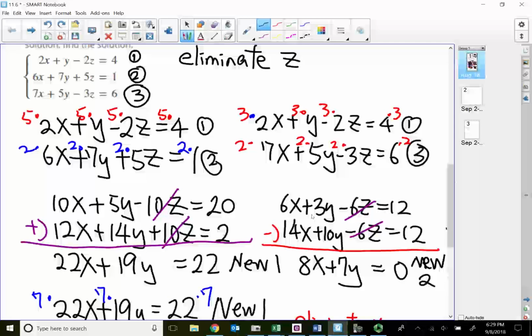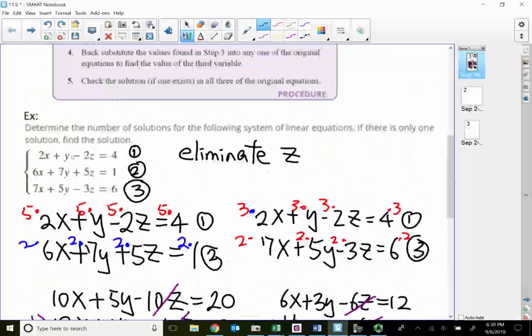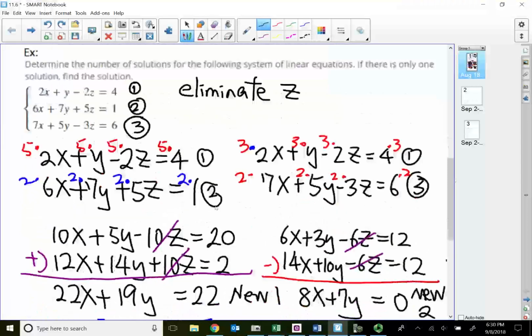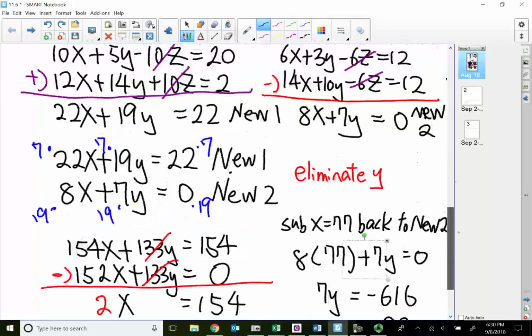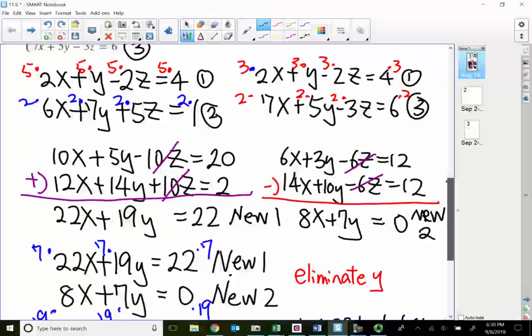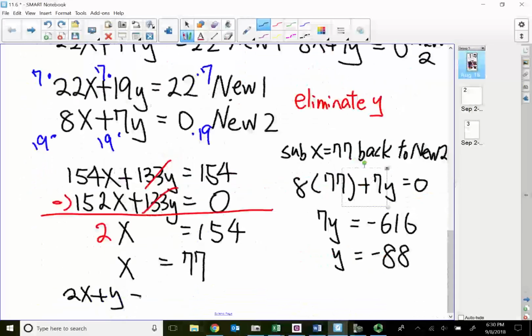I can back substitute into the original first, second, or the third. So it looked like the first one is the easiest one. So there's 2x plus y minus 2z equal to 4.